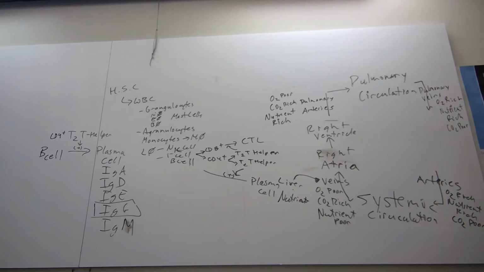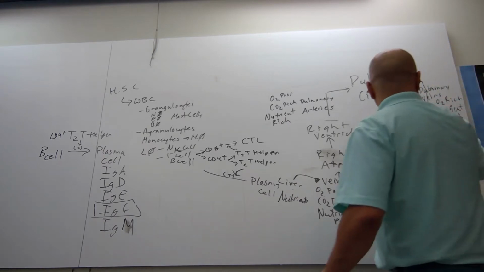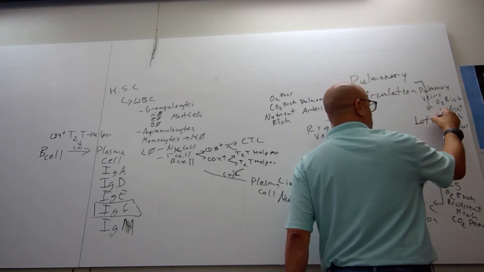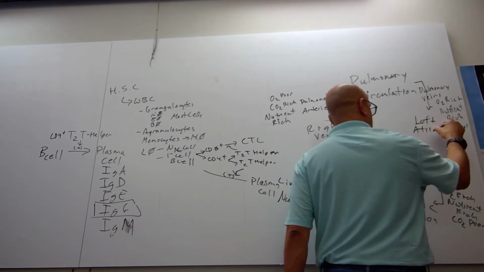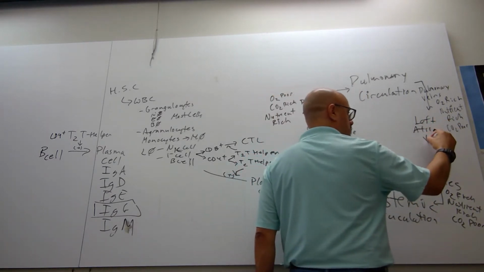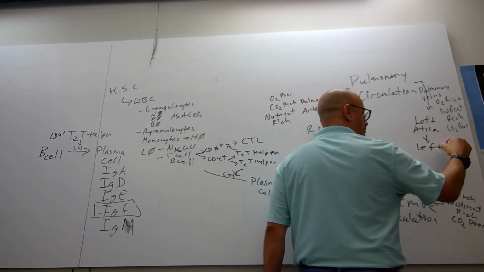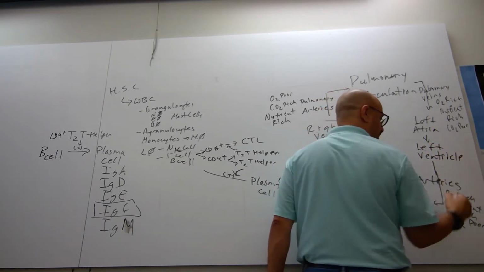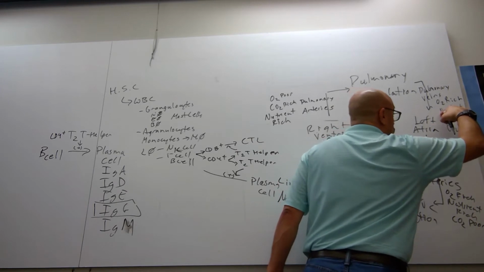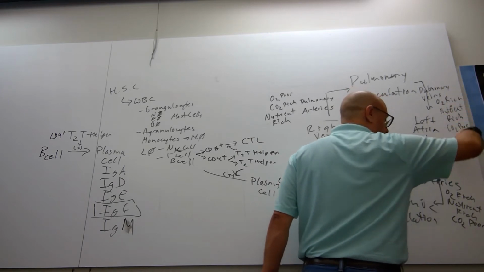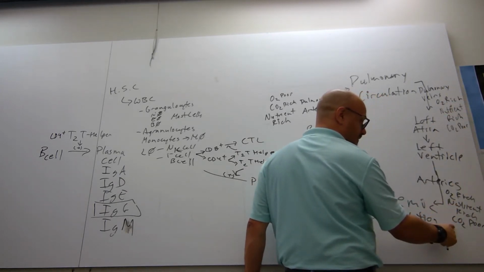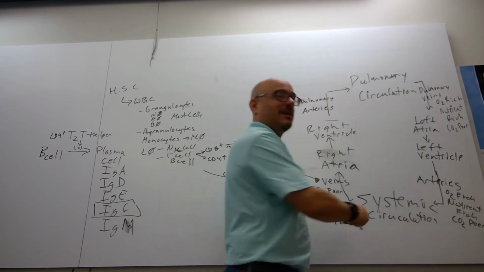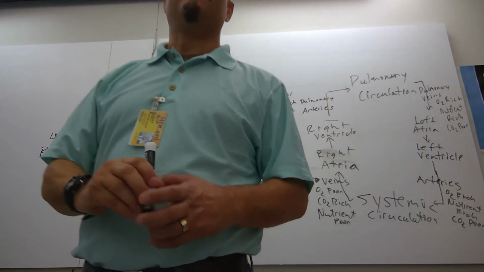So where's the other pump? Right here. Left atria. Right? Left atria will lead to the left ventricle. And the left ventricle's job is to pump O2 rich, nutrient rich, CO2 poor blood, yes, to systemic circulation.